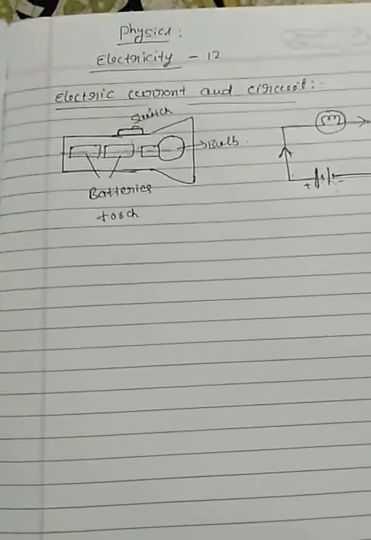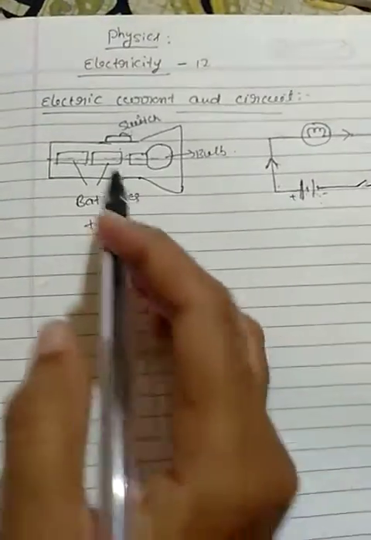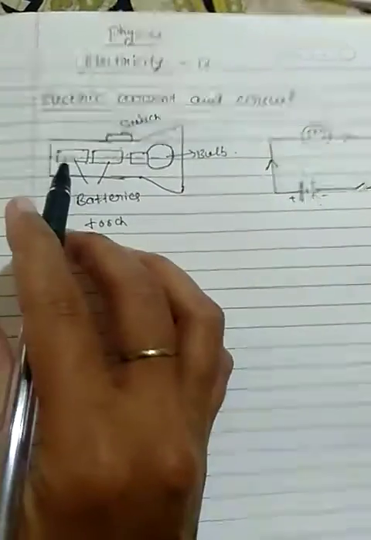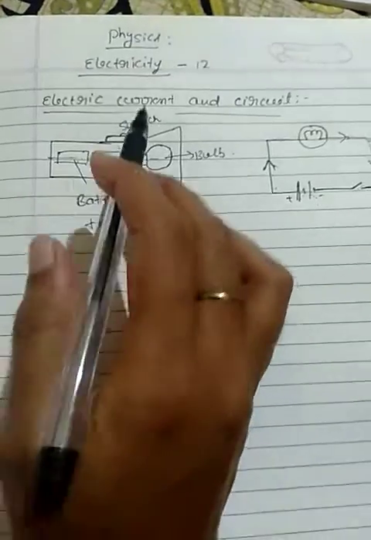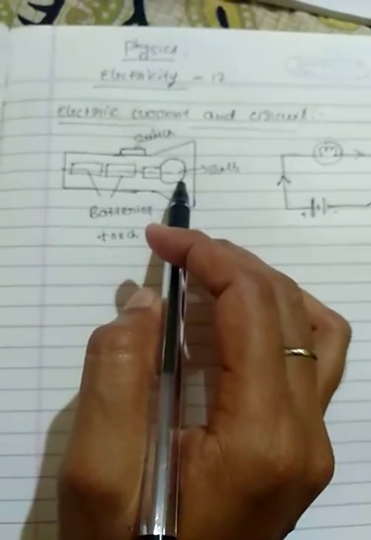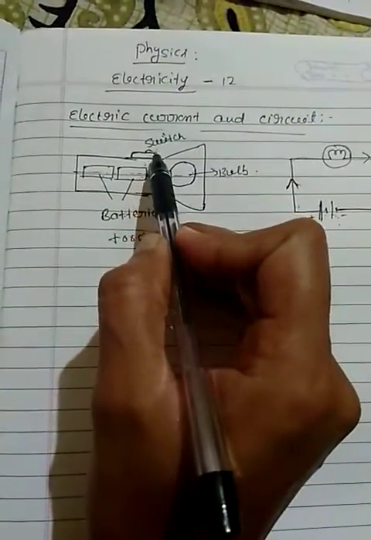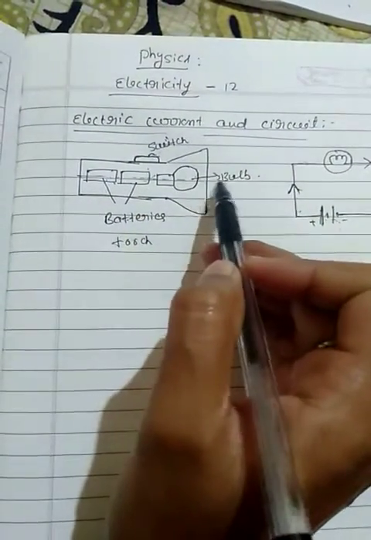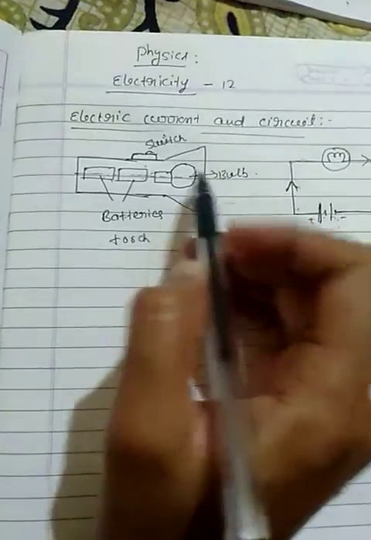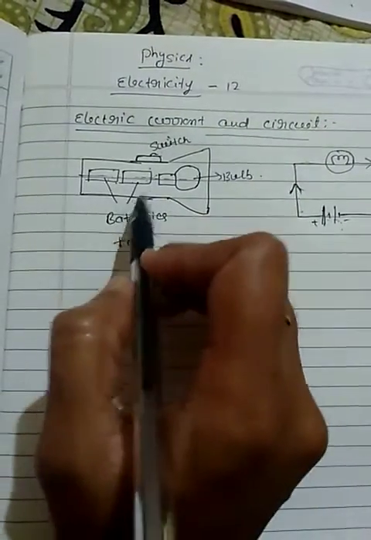I will give one example. See here, this is a torch. In the torch there are two cells. This is the switch, this is the bulb. When the switch is on, the torch bulb will glow. Here the cells are called batteries.